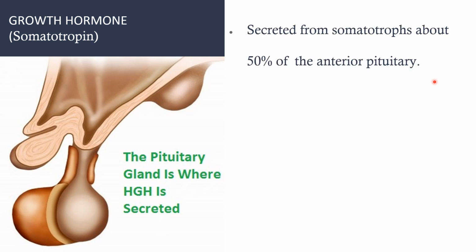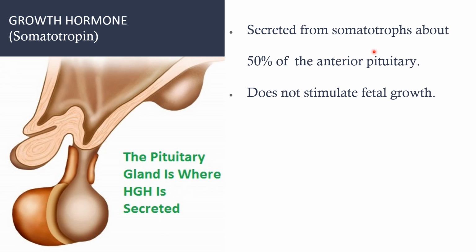So growth hormone is secreted from the somatotrophs that constitute about 50% of the total endocrine cells of the anterior pituitary. As the growth hormone promotes postnatal somatic growth, it is also known as somatotropin.